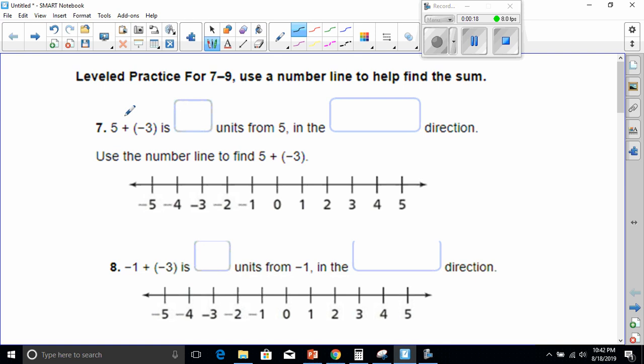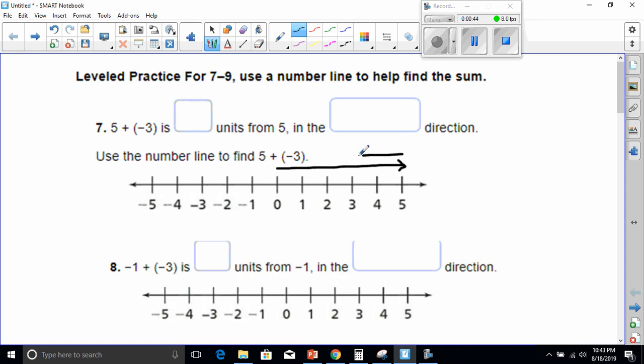Number 7 says 5 plus negative 3 is blank units from 5 in the blank direction. Well, it says from 5, so that means we're going to go in the direction of 5 first. Now they're saying negative 3. So this means we're going to be going backwards 3 from 5, right?